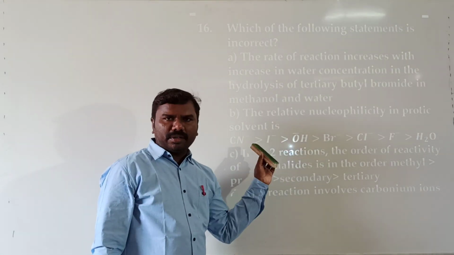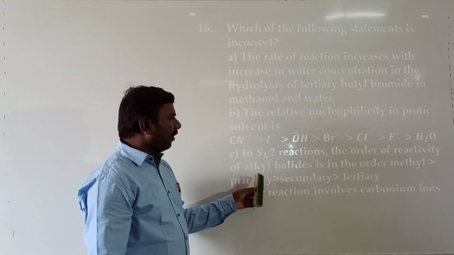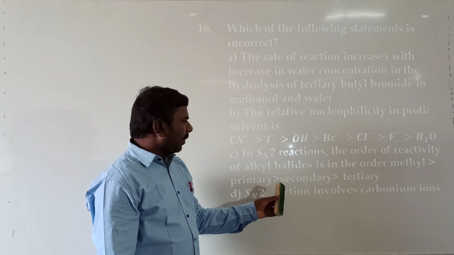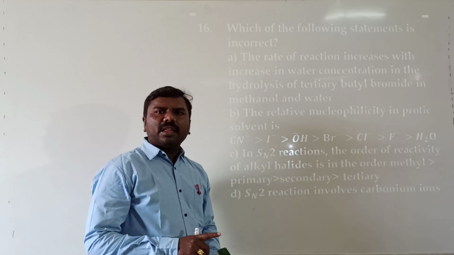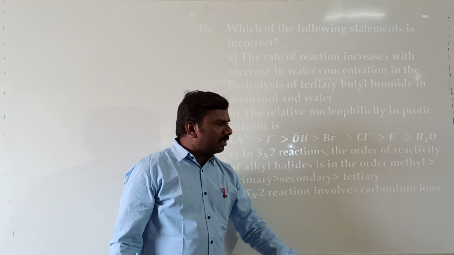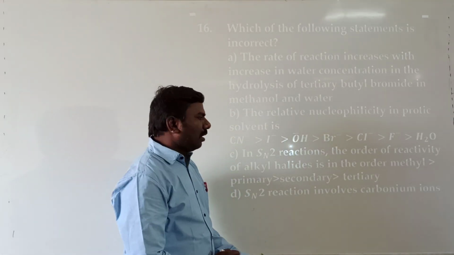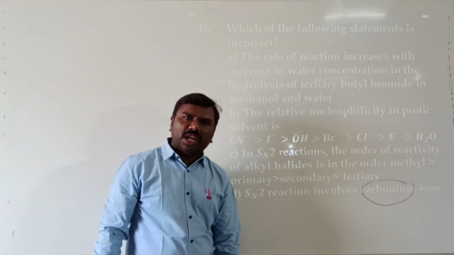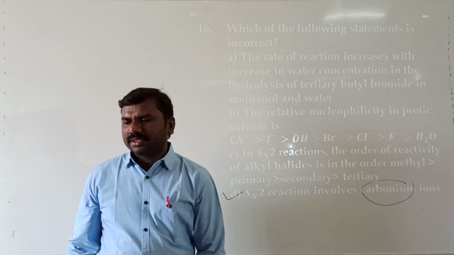Yes, it is the right order. Next, in SN2 reaction, the order of reactivity of alkyl halides is methyl, primary, secondary. Yes, in SN2, primary is greater than secondary, greater than tertiary. Same order given. Next, SN2 reaction involves carbonium ions. No, SN2 reaction involves a transition state, but not any intermediate. The wrong statement is D. Next.